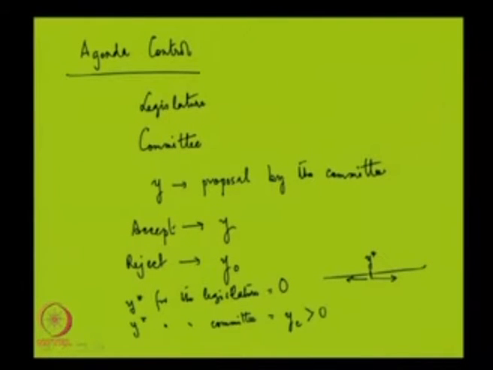YC is greater than 0, suppose. This is the setting of the game. In the first stage, the committee proposes some Y. In the second stage, the legislature accepts or rejects, and that is where the game ends. That is how it looks.